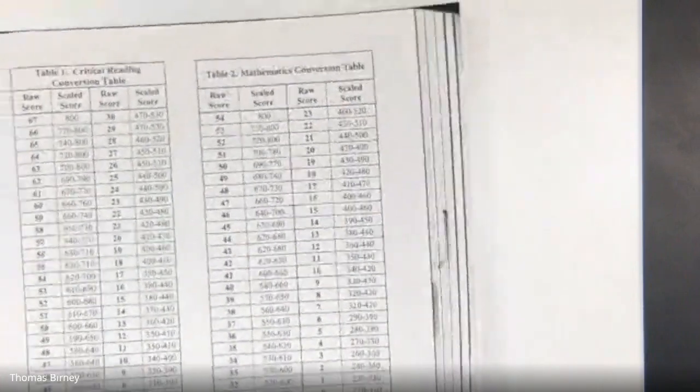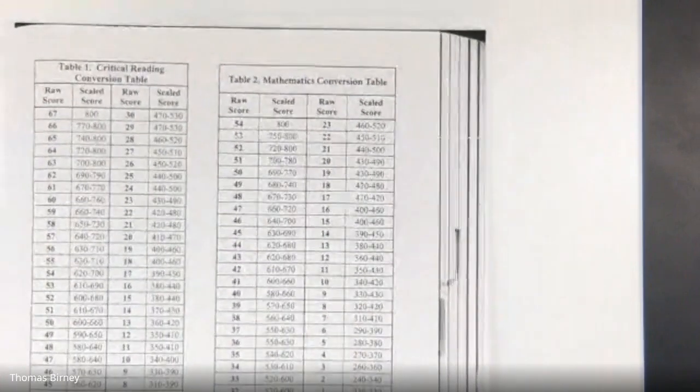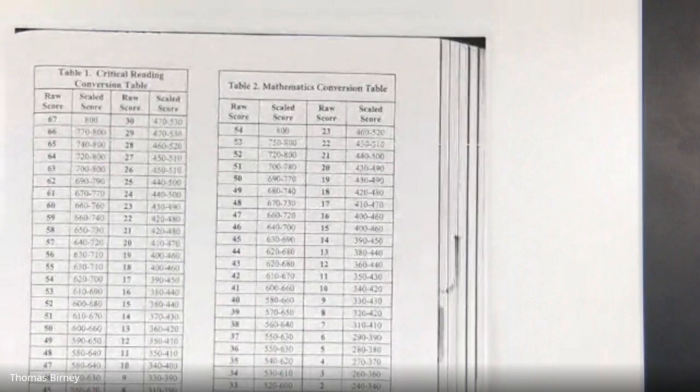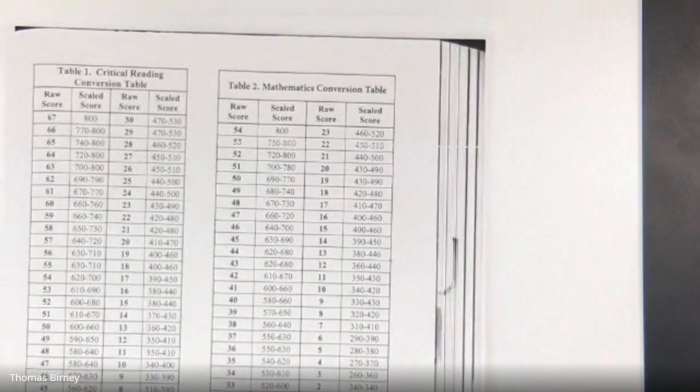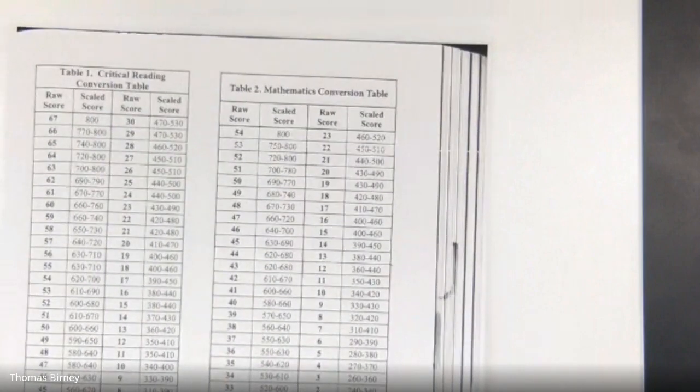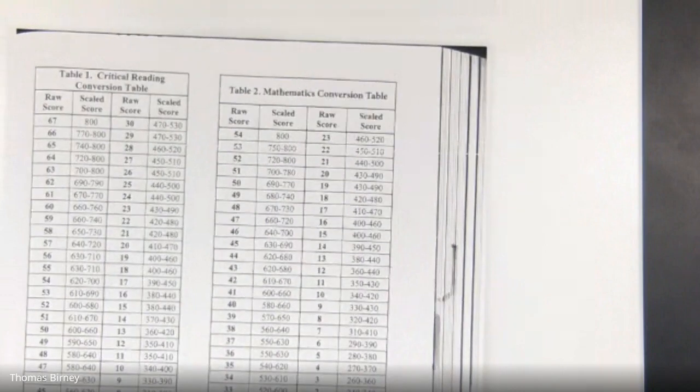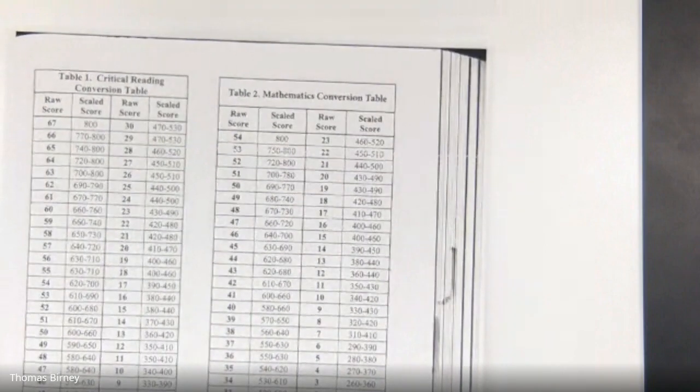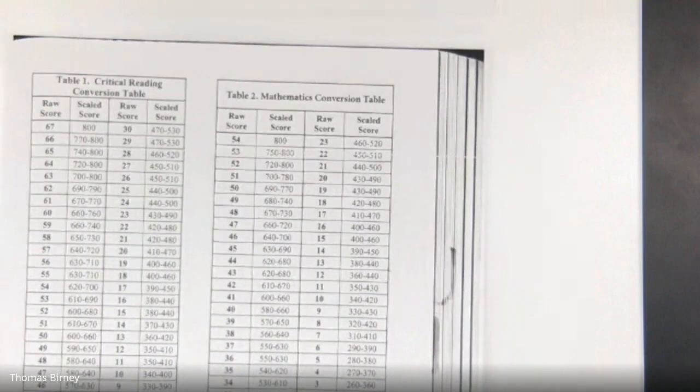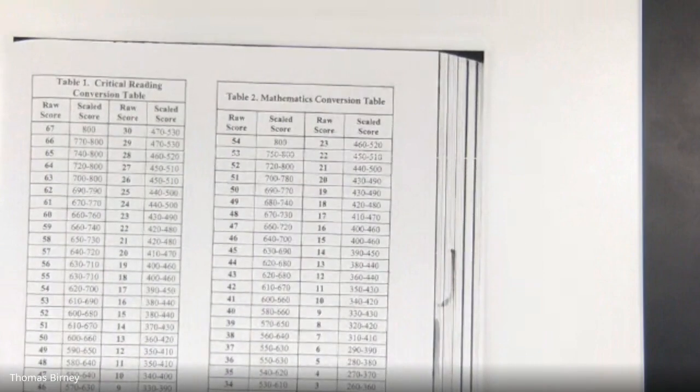So from there, what I want to do is take a look at a few questions with you and just do them and see if you understand how the SAT, PSAT works. I'll give you a minute to look at it. We'll go through maybe about 6 or 7 questions, see if you've got a feel for it.